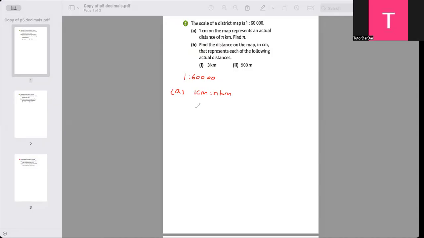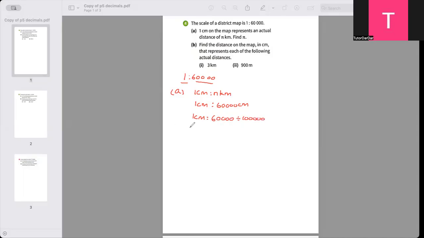That means this one is 1 cm. This one is 1 cm. This 60,000 is also cm. So we need to convert this cm to km, right? So 1 cm is to 60,000 divided by 100,000.